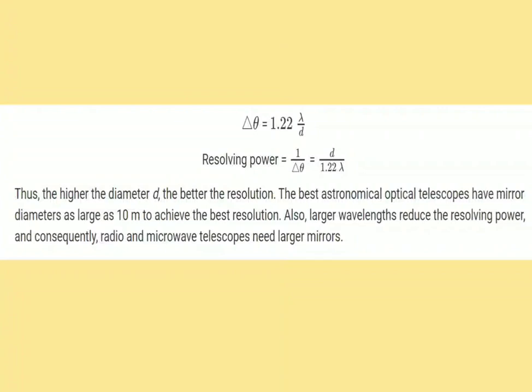Also, longer wavelengths reduce the resolving power, and consequently radio and microwave telescopes need larger mirrors. That means to observe planets and stars in the galaxy, they need large mirrors for the best resolution. So this is about the resolving power of telescope.